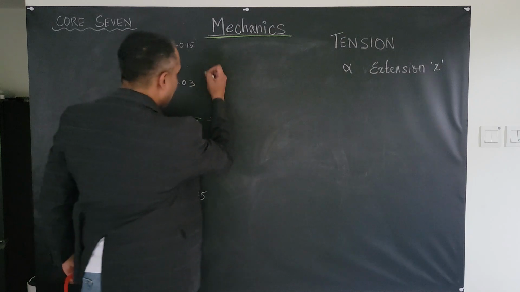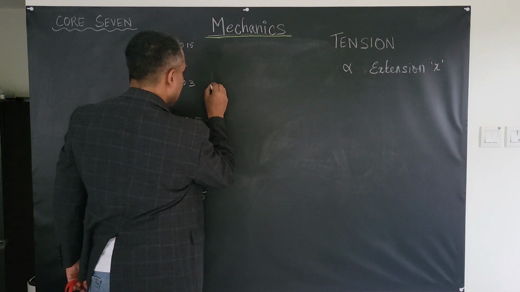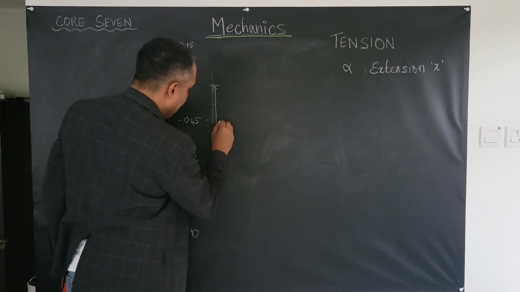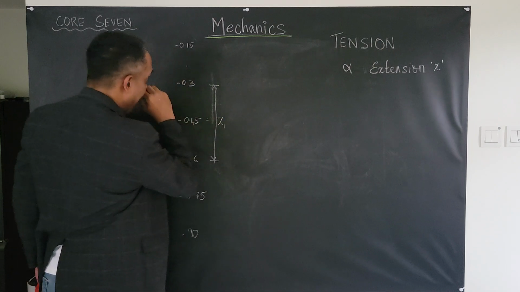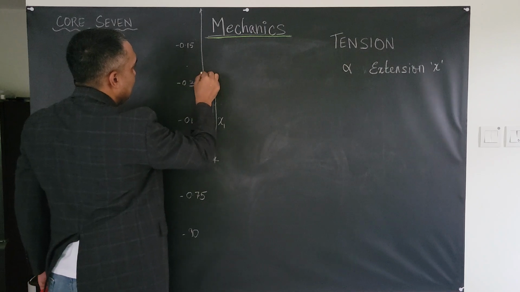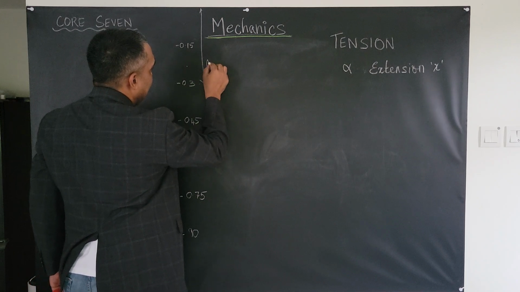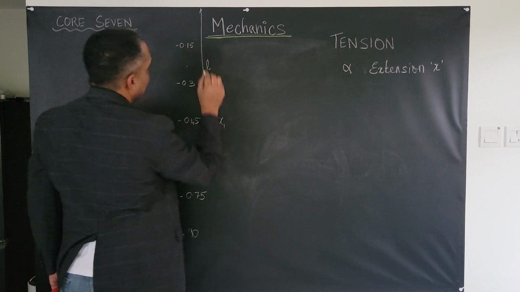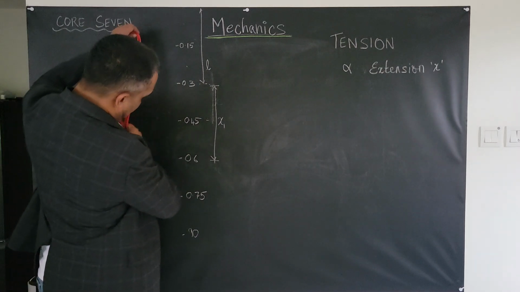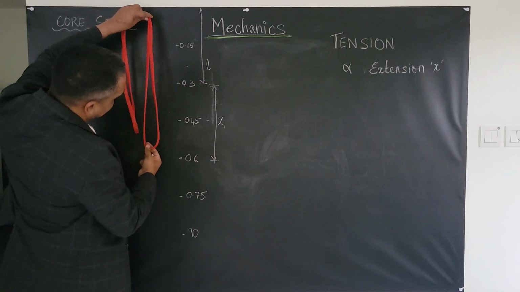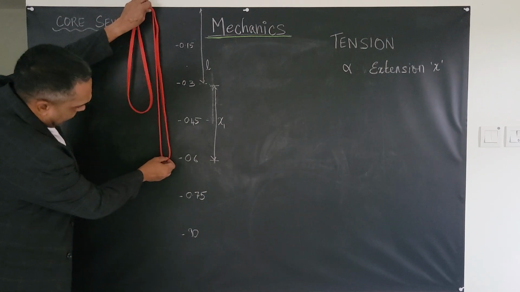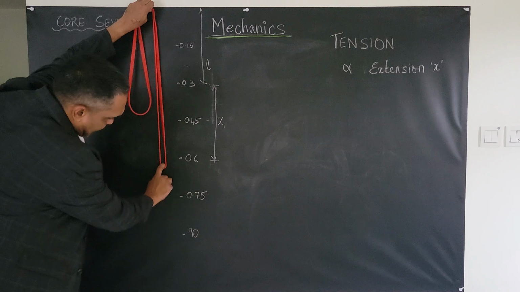Maybe what I'll do is I'll do this for my red band. This is my X1. And I'm going to use a term called the length, L. But if I increase the length, now I'm going to work with the spring to say, I want to double its initial size, and then I'm going to pull it.